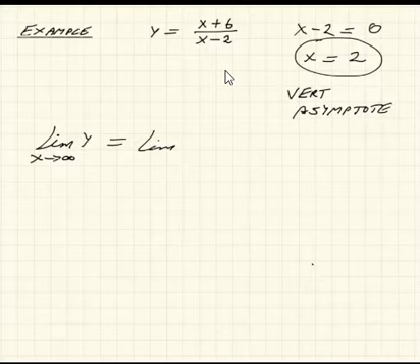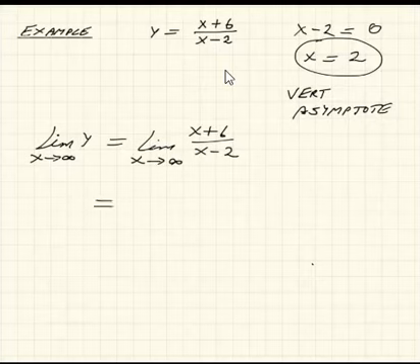So we get the limit of (x plus 6) over (x minus 2). You sub in infinity above and below just to see if it works out, and it doesn't give us any clear value. We still get infinity over infinity, which is again undefined, so we have to go further.